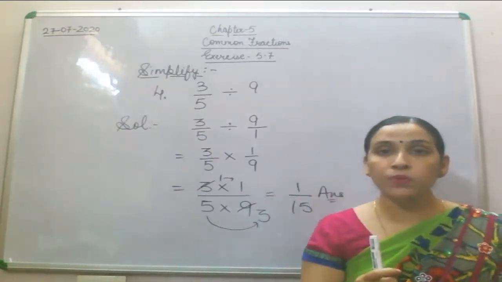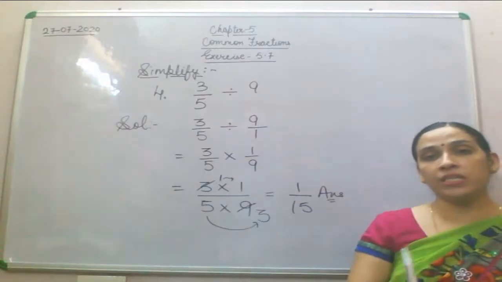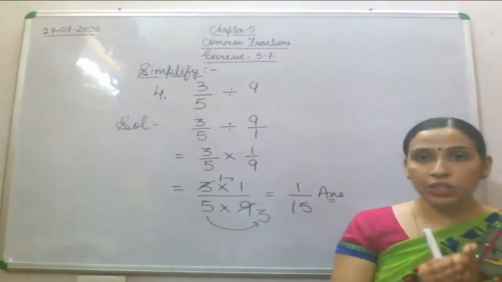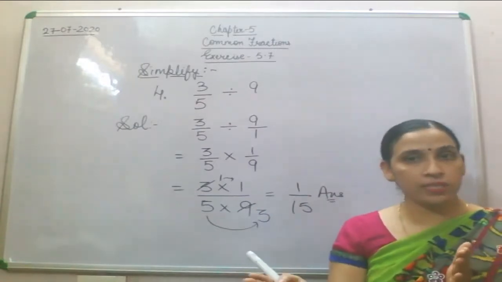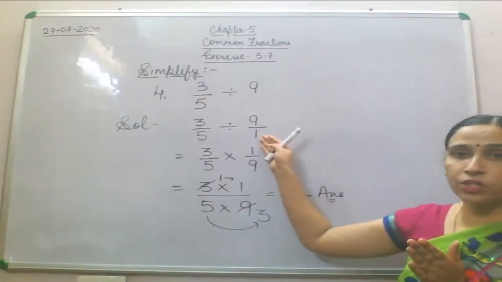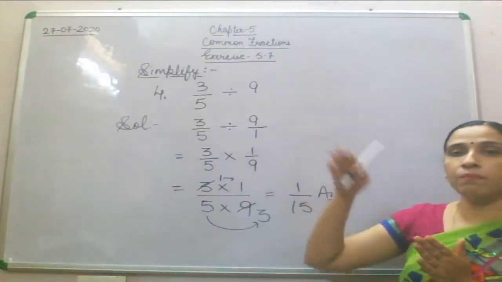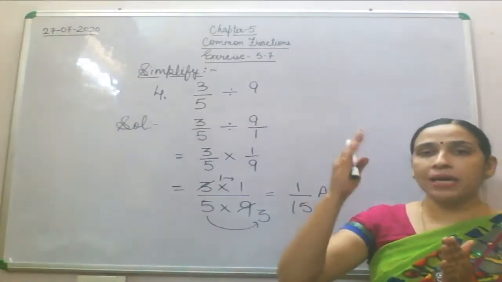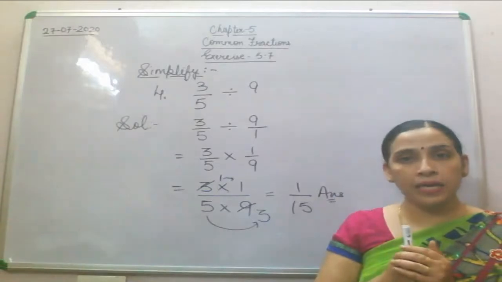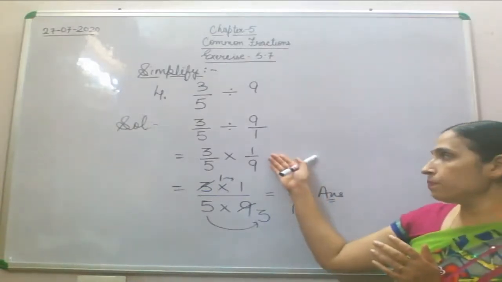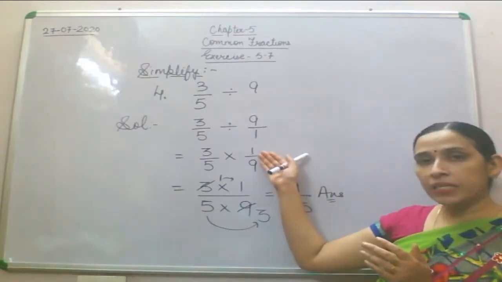But what you have to take care of is, whenever you are changing division into multiplication, the fraction which is after the division symbol, here 9 by 1, will become opposite, meaning 9 by 1 will become 1 by 9. That will become the reciprocal. Fine. So here we have written it 1 by 9.